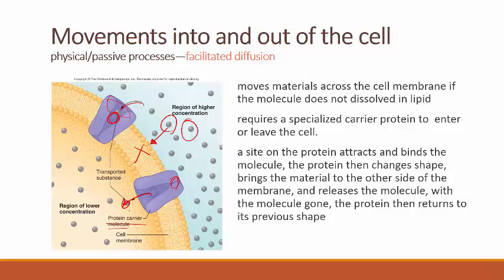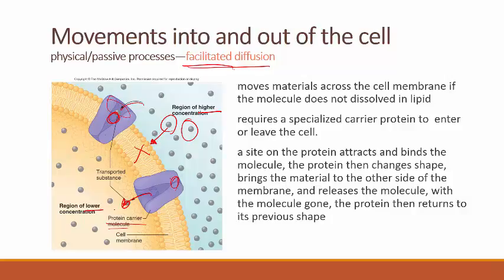And it will move materials from regions of high concentration to regions of low concentration. So it's facilitated, because it's helped out by the carrier molecule, but it's still diffusion because no ATP is being required, and we're moving from a region of high concentration to a region of low concentration.